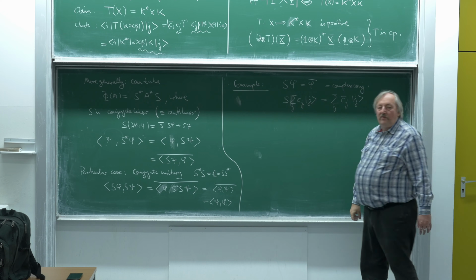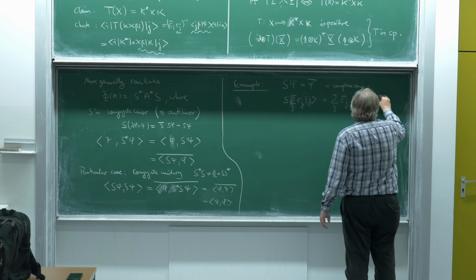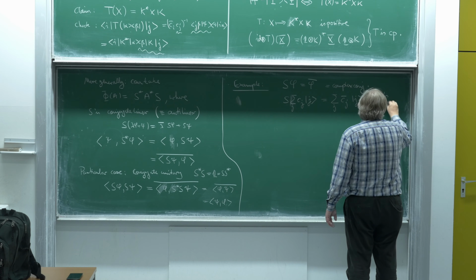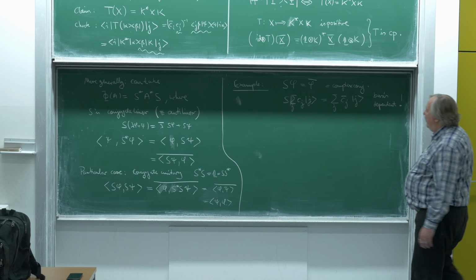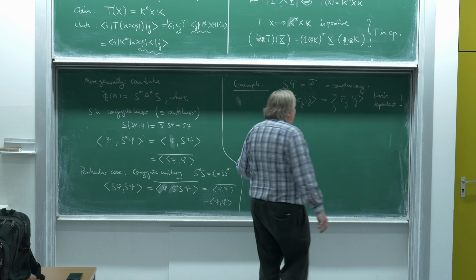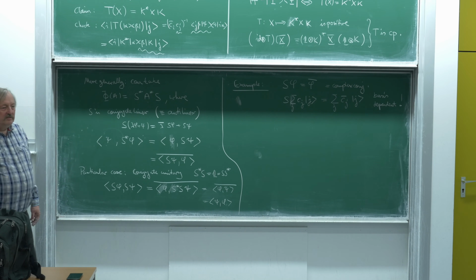So this is the definition of complex conjugation. And again, you can see very clearly that this is basis dependent. But it's actually the same basis dependence that the transposition operation has.